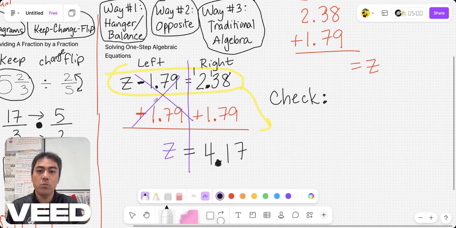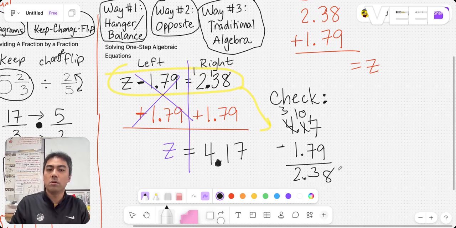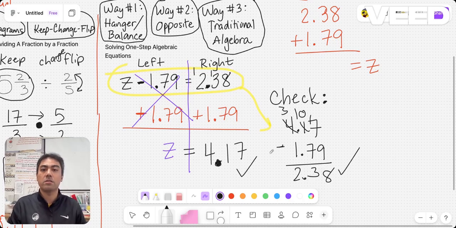That Z we think is 4.17. So to check my work, I'll go 4.17 minus the 1.79, and I should get 2.38. So if I do all this work, yep. Okay, cool. I know that's right. So that means that my answer is right.